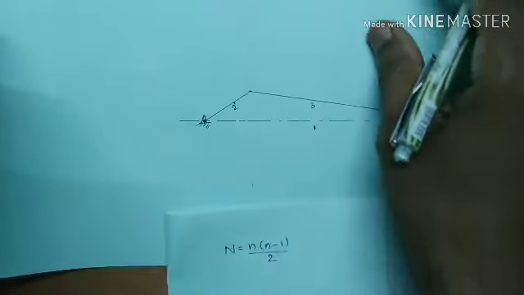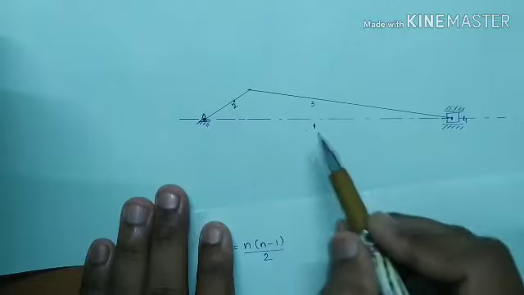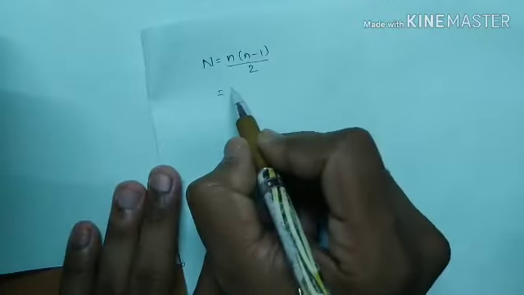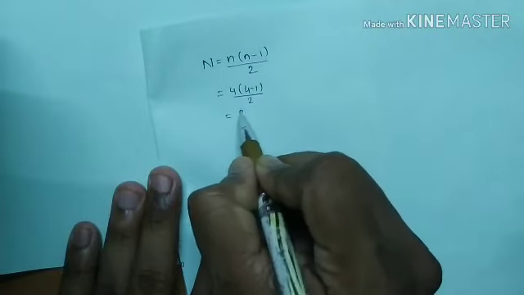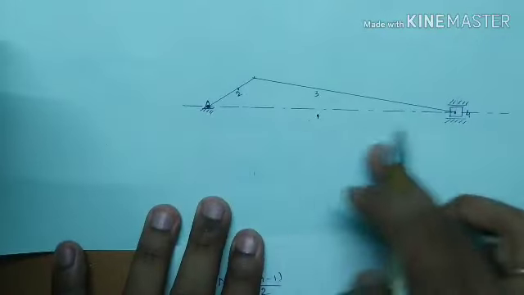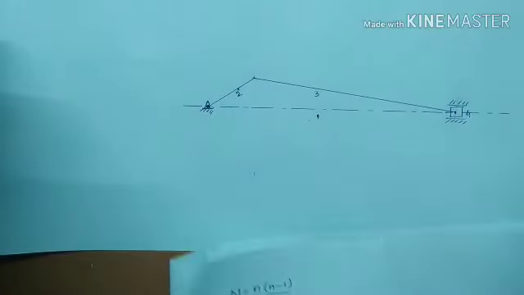Within this mechanism there are 4 links, 1, 2, 3, 4. So the number of IC centers will be 4 times 3 divided by 2, which is 6. It means within this diagram there will be 6 IC centers.